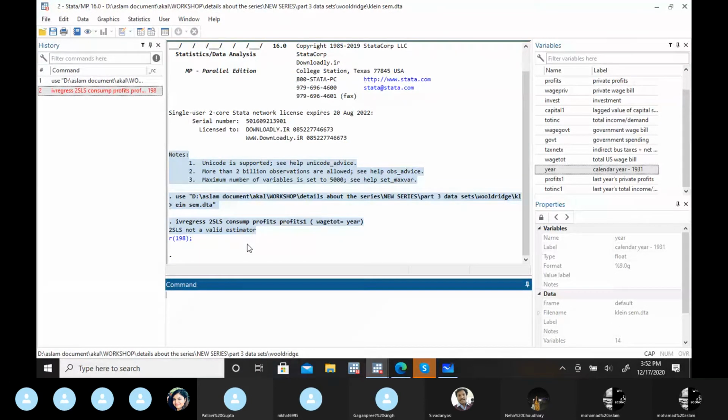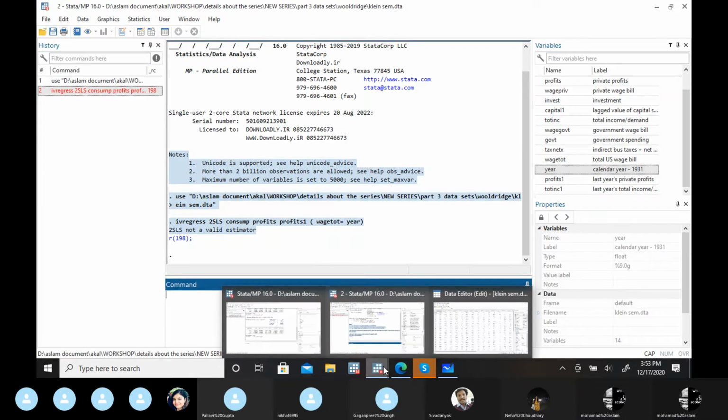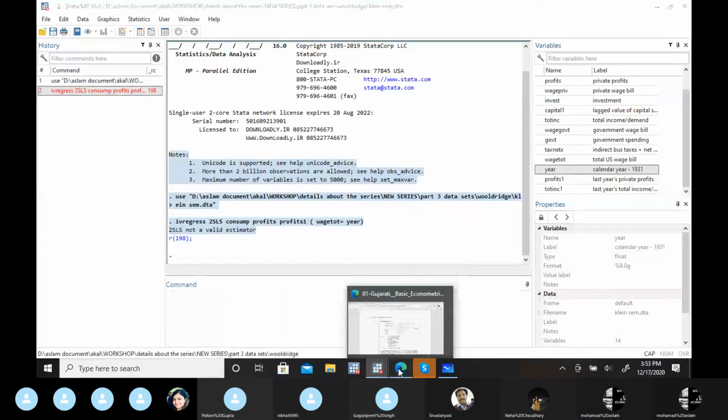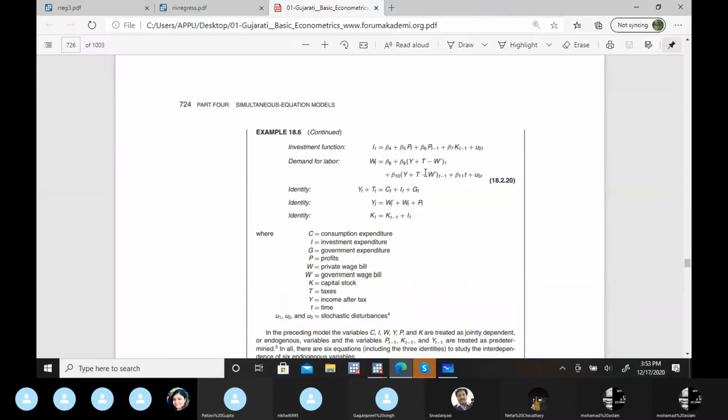Therefore, 2SLS is not a valid estimator. Consumption, profit and wage depend upon the year.